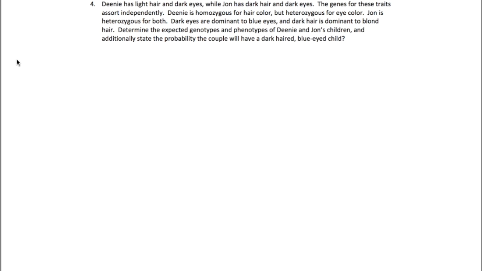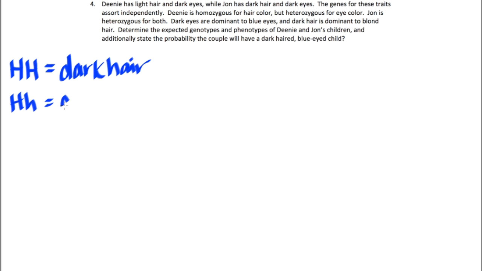So we're going to do, for hair, let's use H, and for the eye color, let's use E. So big H will be dark hair. So this one would also be dark hair. And this one is light hair.